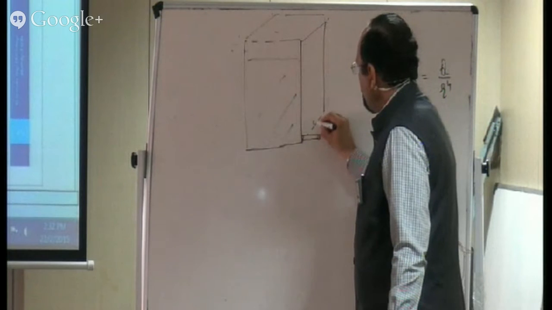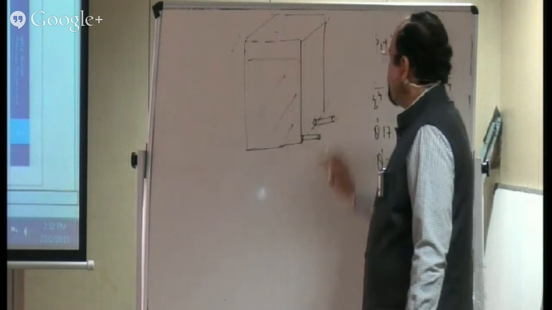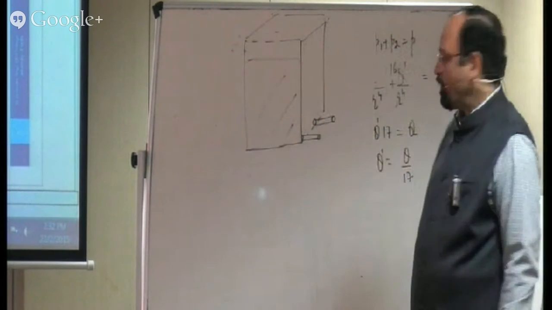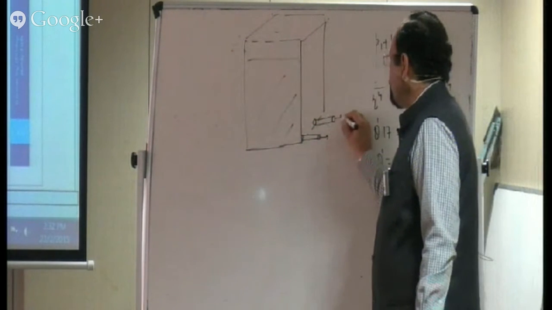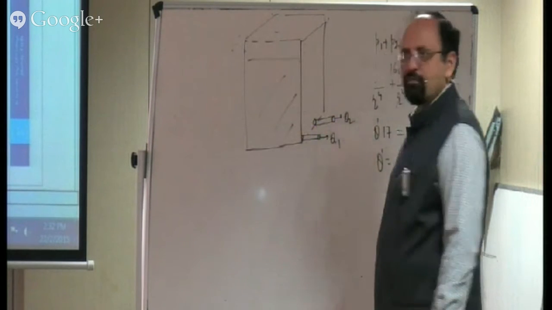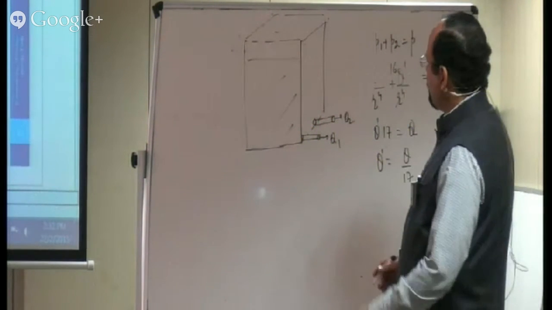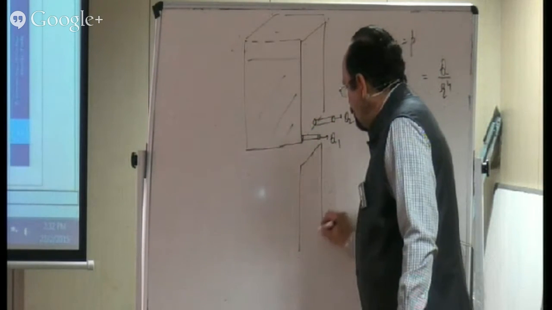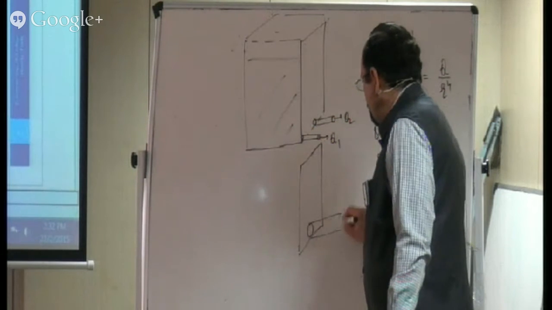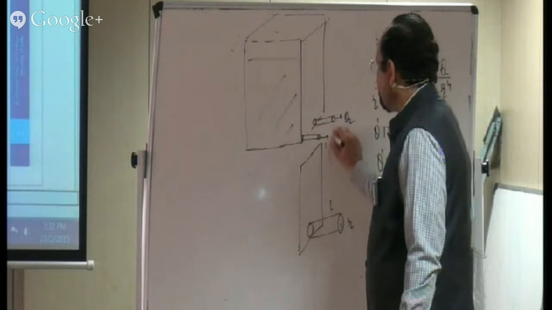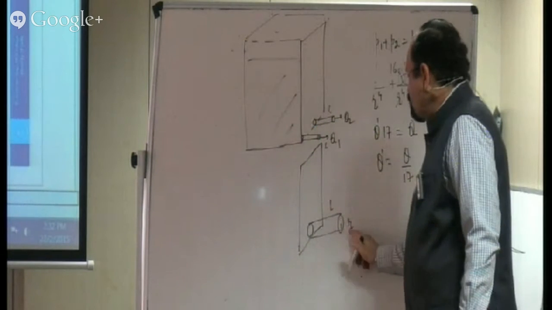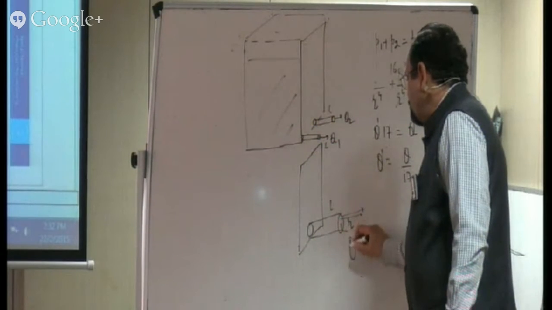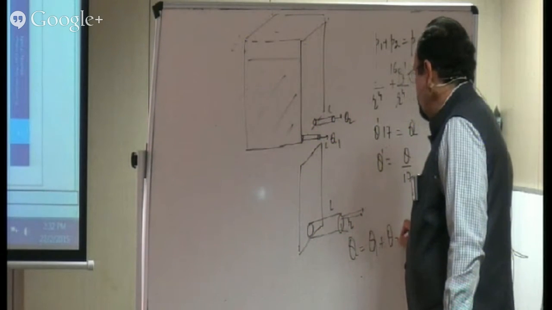So one tube is here, other tube is here, side by side at the same level horizontally, as is mentioned. So obviously, some liquid is coming out from it, say Q1, and this is Q2. He says that instead of having two tubes, I want to put one single tube. What should be its radius if the length is same for all, so that the rate of flow which is coming out of it, that is Q, is equal to Q1 plus Q2?